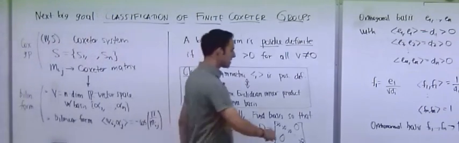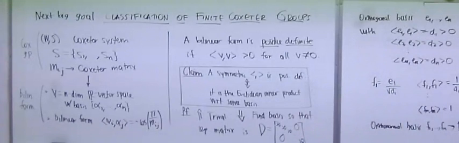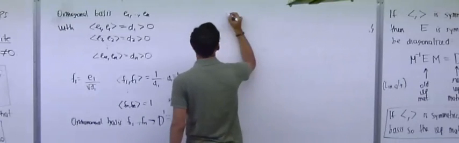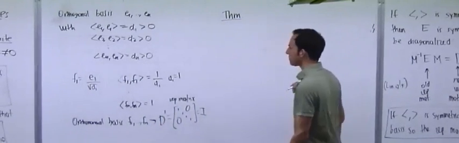And so what do I mean exactly when I make that vague statement? That finite Coxeter groups are exactly the ones that fit in Euclidean space. What I mean is this. Okay. Theorem.